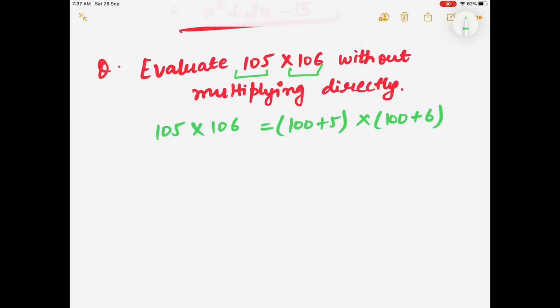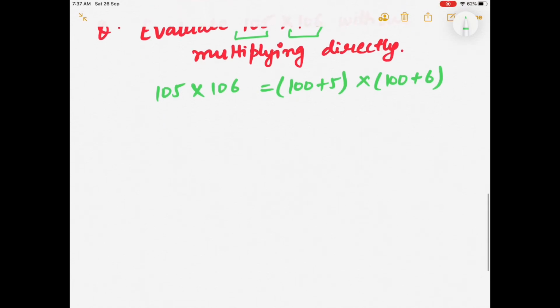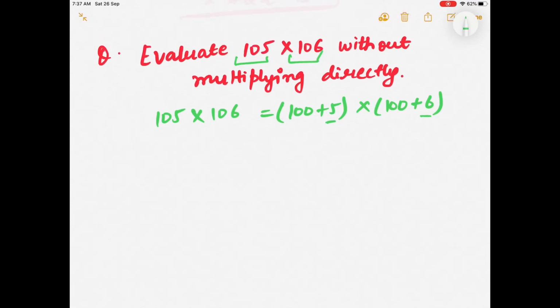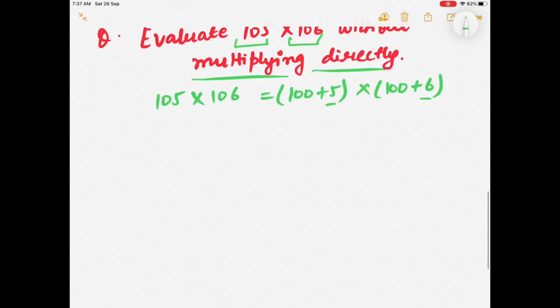If we have to use an identity here, we have to write both these numbers in this form, so that our calculation will be easier, as terms like 5 and 6, when we multiply them, make the calculation a bit easier. And the question is asking you to find the answer without multiplying directly, so we have to use a mathematical identity here.